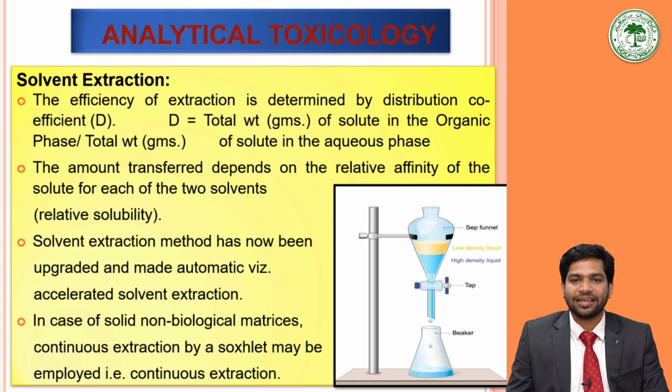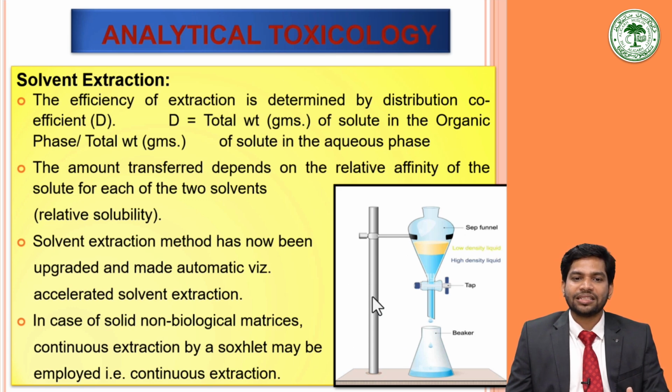This is the basic mechanism behind solvent extraction. And this relative solubility or relative affinity is determined by the D value, that is the distribution coefficient. The greater the value of D, the greater is the efficiency of the extraction.